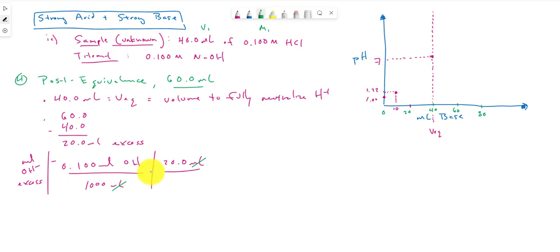But remember, we're really trying to get to concentrations here because pH is related to the concentration of the hydronium ion in solution. So we have this much excess moles of OH. To get to the concentration of OH, we need to divide by the actual volume of the solution. So what would that be? Well, we started with 40 in the original beaker, 40 of the sample, and now we've added 60.